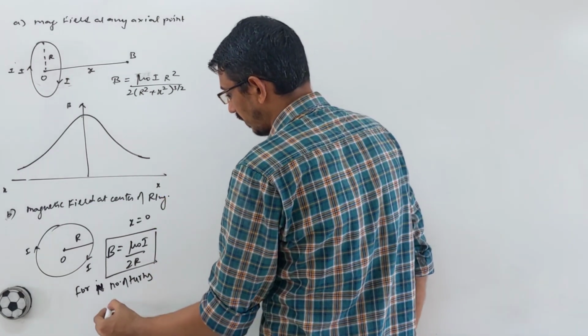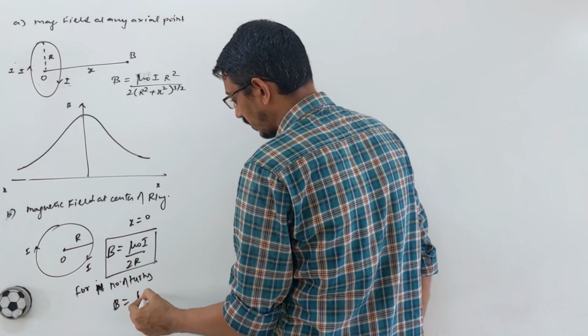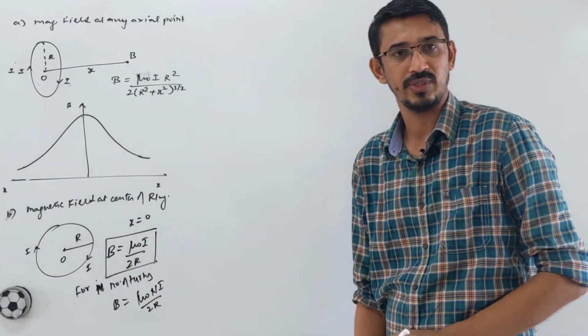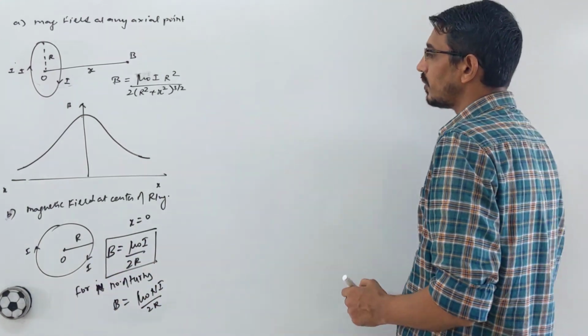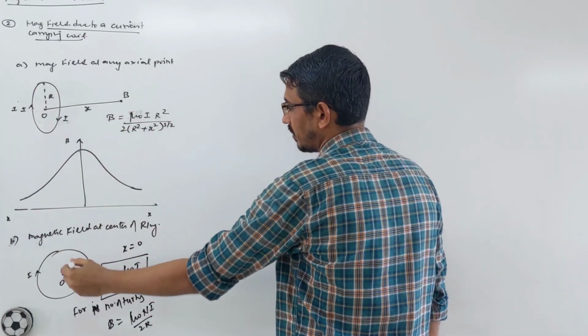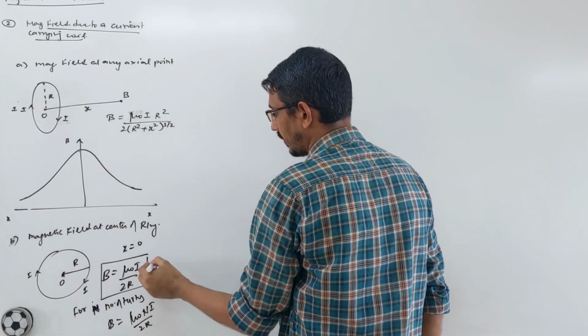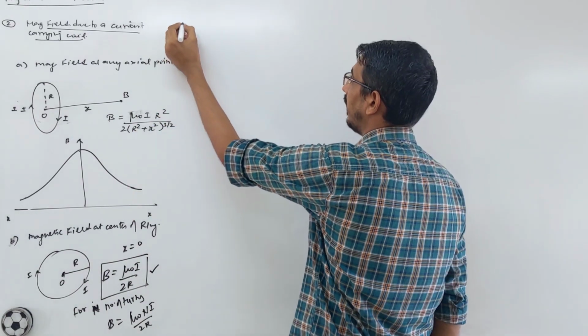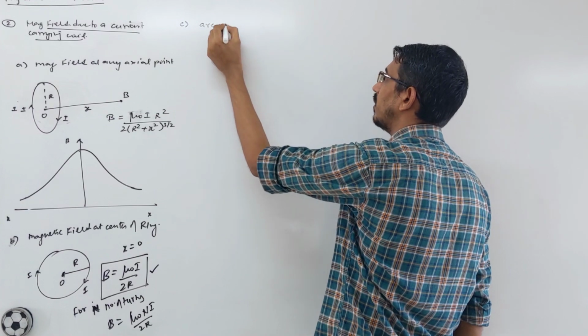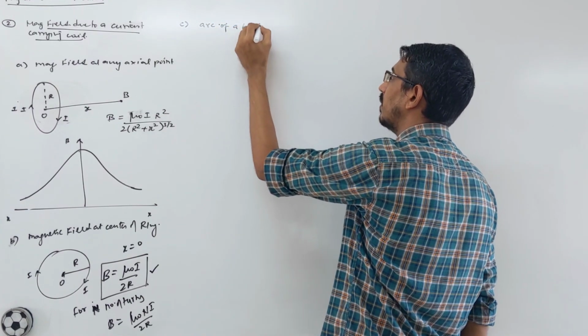If the number of turns is given, then simply mu naught n I upon 2r. You are multiplying by the number of turns also, right? Whether it is any axial point or the center of the coil, it's the main formula you have to use all the time. Then I ask you about an arc or sector of a coil.